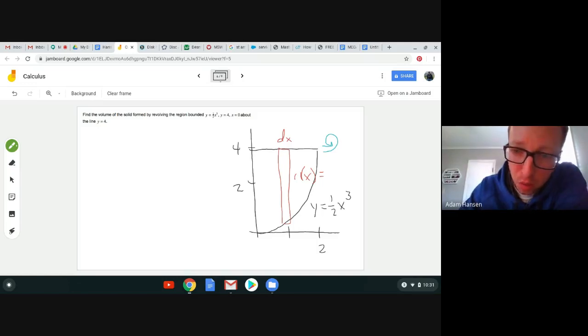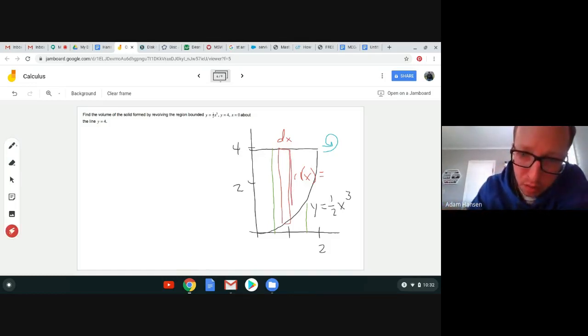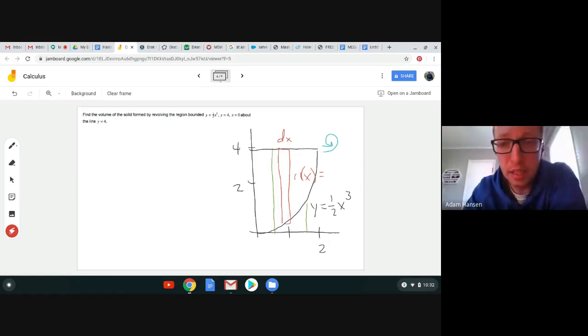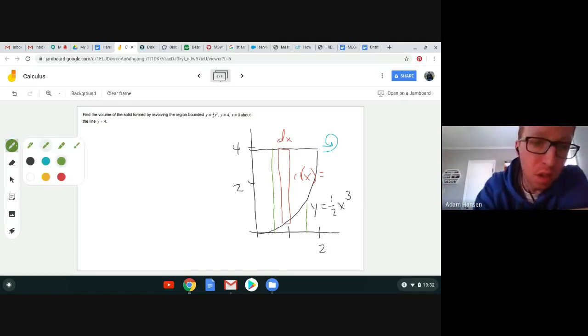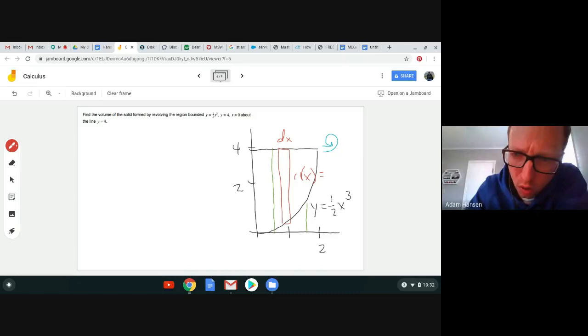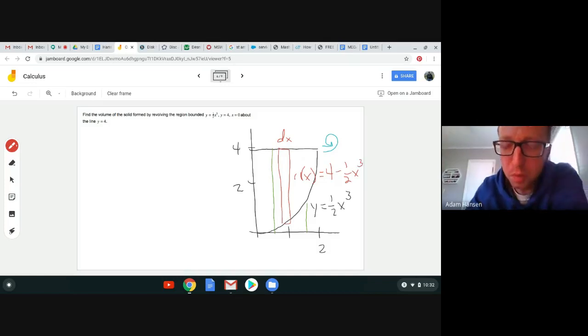This curve here, that's 1/2 x cubed. This region from top to bottom, that's 4. What I want is the difference of the two for this radius, that length for the disk. It's just the difference of the two: 4 minus 1/2 x cubed.